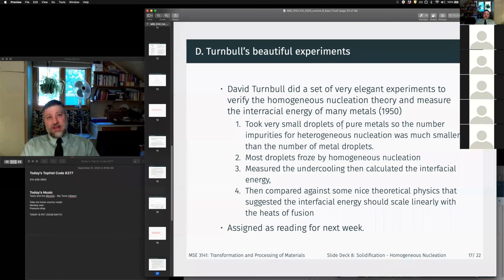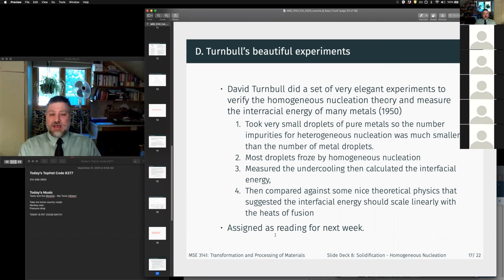And his assumption was that if I have many more droplets than the number of expected impurities, that means most of the droplets are going to be free from impurities that can catalyze the freezing, in his words, heterogeneously. And so those are going to freeze out right away, while the rest of the droplets will nucleate homogeneously. And I can measure the maximal undercooling that we get, and from that, calculate the interfacial energy.